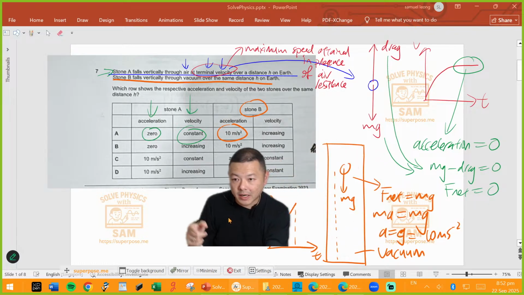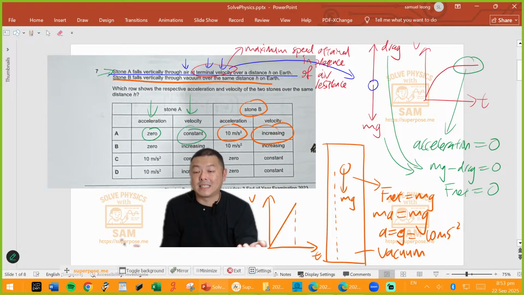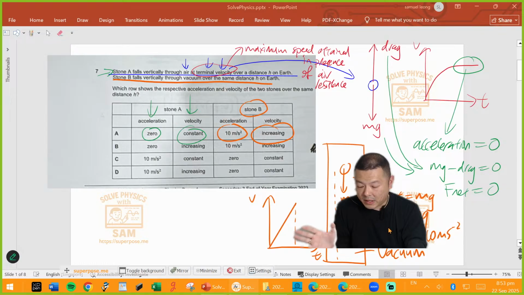So for stone B, the velocity is increasing. It's accelerating. Now, final thoughts on this, because we've done air resistance quite often for the last 2 weeks already.